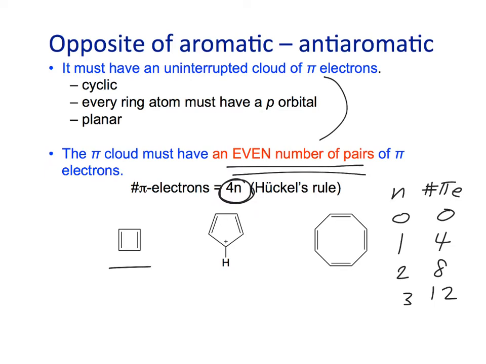It took a very long time, even though the theory said this should be anti-aromatic, to actually make a molecule that looked like that. And they couldn't make just butadiene. They had to add benzene rings and different substituents onto it to actually be able to make it.